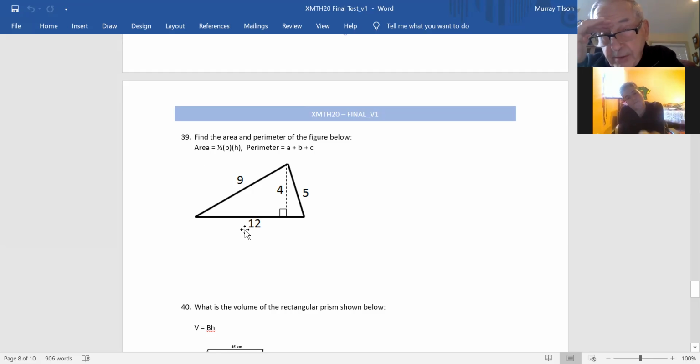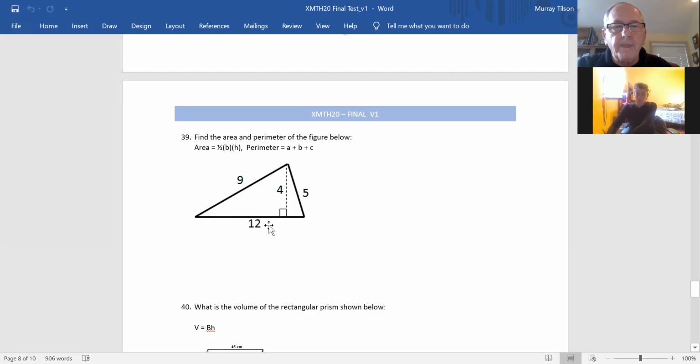Yeah, so that would be 6. And the height would be 4. Multiply them together. So you've got 6 times 4, or 24. So 24 square units for that, right?